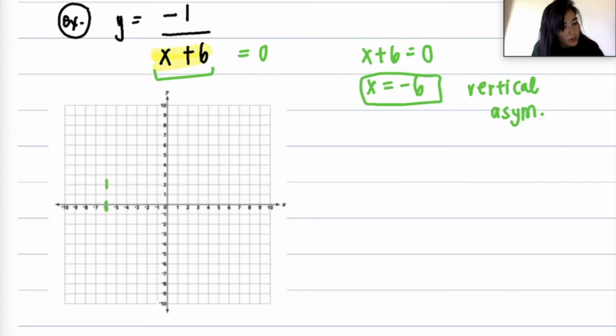I'm going to put in that vertical line, meaning that it's going up and down. And what that shows us is the graph does not exist there. For example, if I plugged in negative 6 into x, negative 6 plus 6 is 0, and 0 in the denominator does not exist. So that's why there's this asymptote here. It shows us where the graph does not exist.